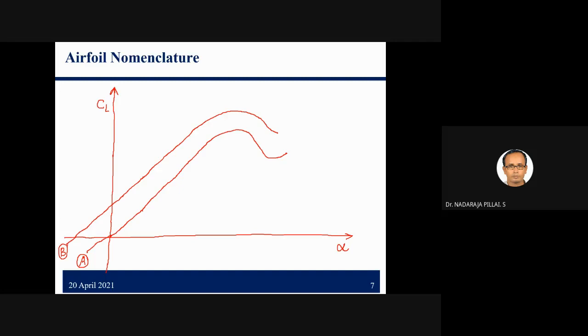What is A and what is B? Anyone can say? A corresponds to which airfoil? Symmetrical, B unsymmetrical. So A corresponds to the symmetrical airfoil, right?